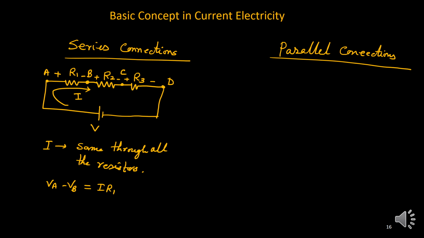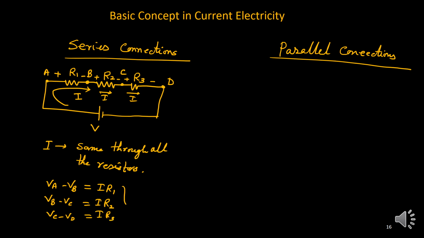Is it right? Similarly, the potential gap between B and C, VB minus VC, is I into R2, because the same current I is flowing. Similarly, VC minus VD, again the same current I, will be I times R3.